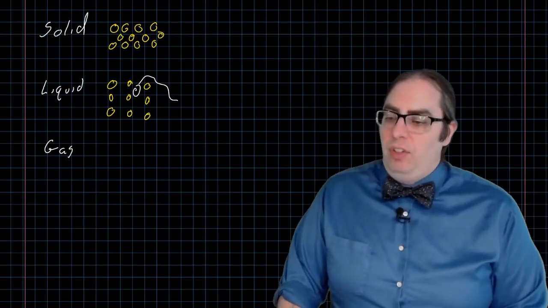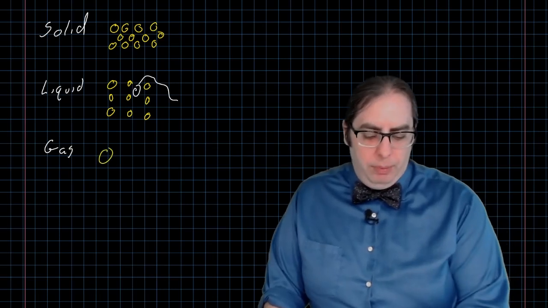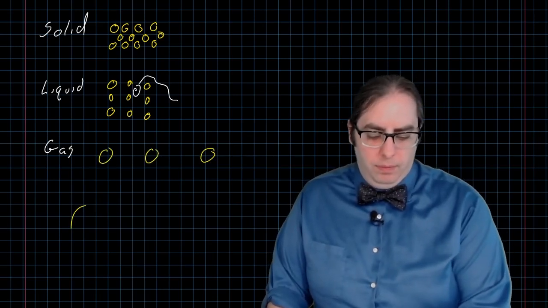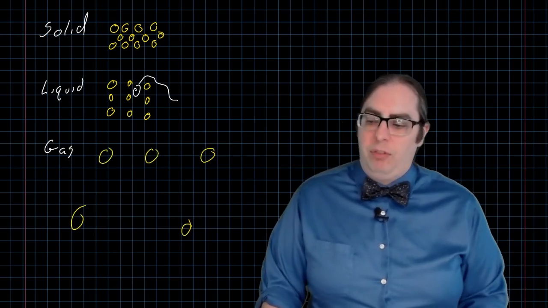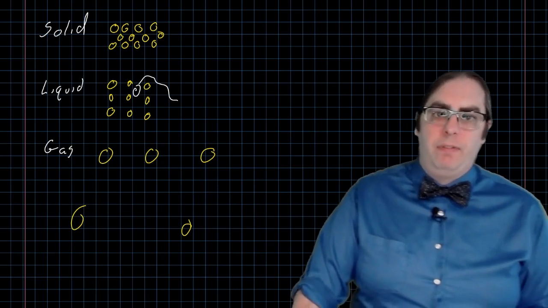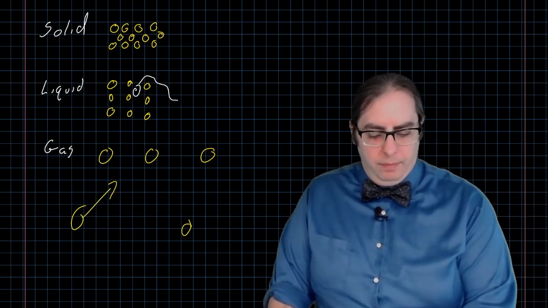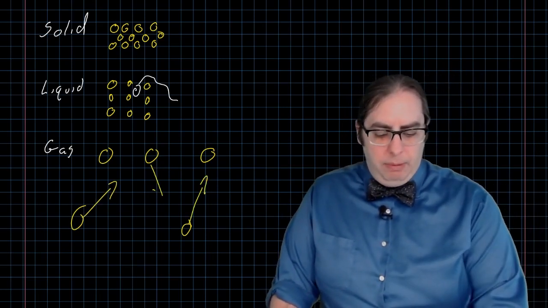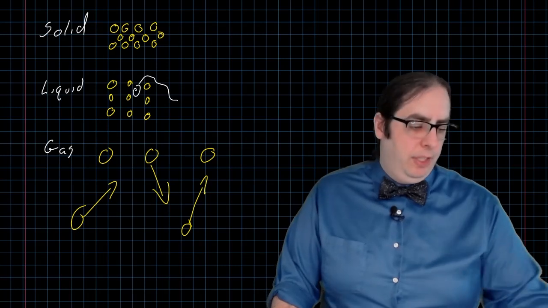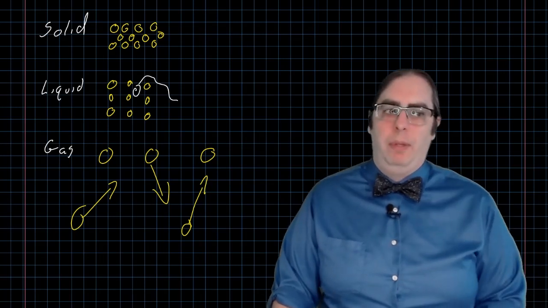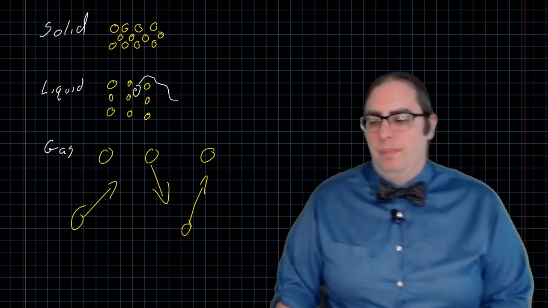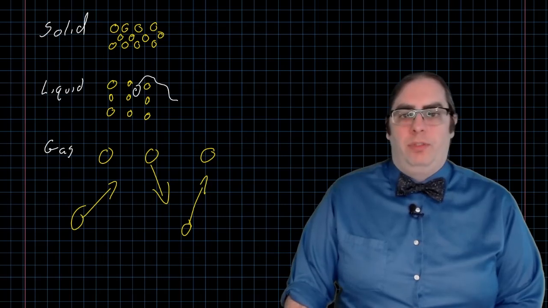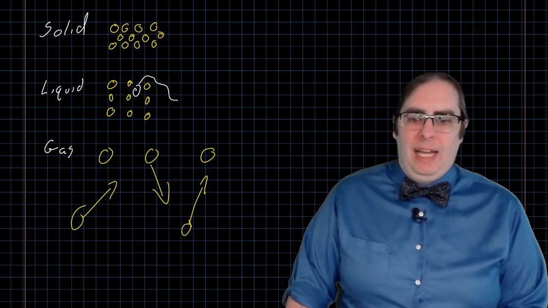A gas is even further distributed still. Gas molecules tend to be very far apart from each other, and they tend to be moving and colliding with each other and bouncing all over the place all the time. Before I go too much further, I do want to mention something about a gas.